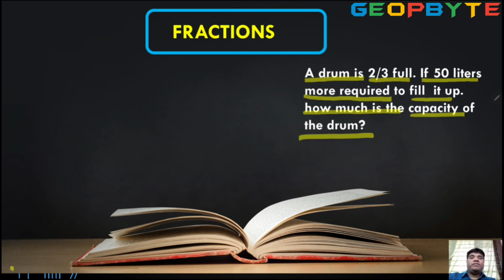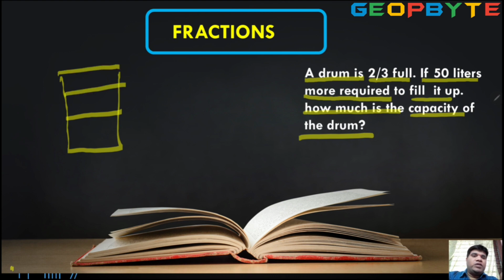That is the question. First, the diagrammatic method. Drum. 3 equal parts. These 2 parts are already filled. So this is the remaining. This part is not filled.